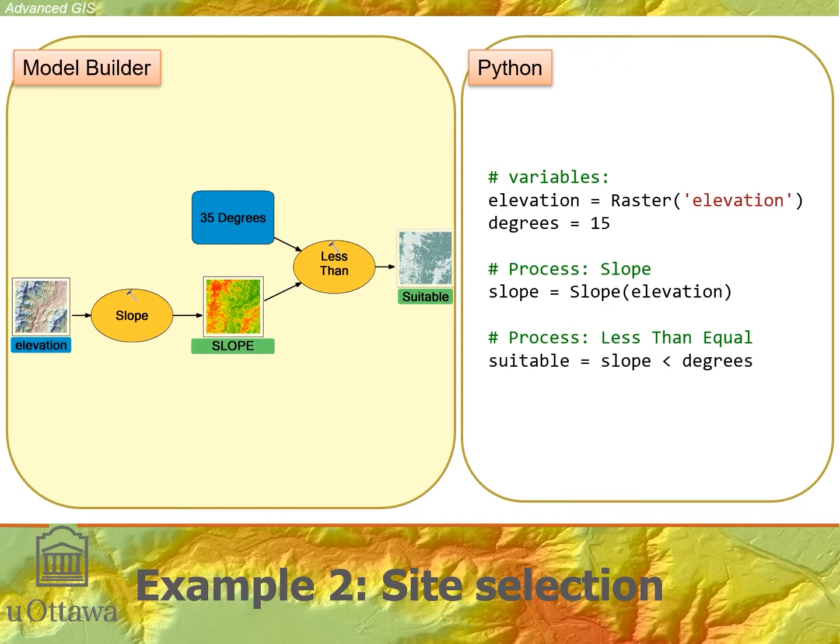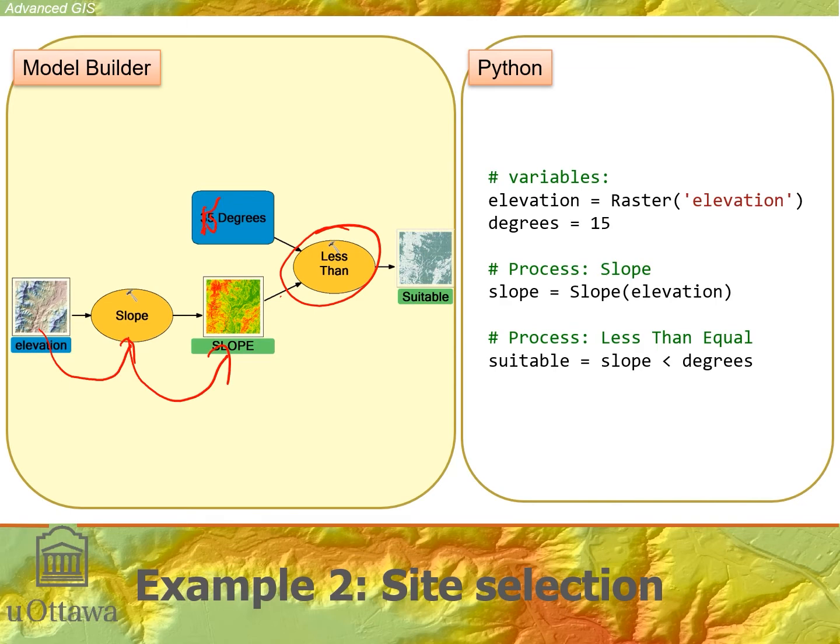So here's the side-by-side comparison of a cartographic model and the Python program or script. In Model Builder, we have elevation going into the slope function to output a slope raster. Then we need a less than 15 degrees.